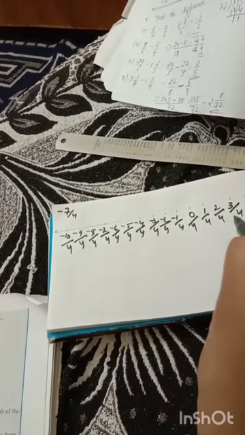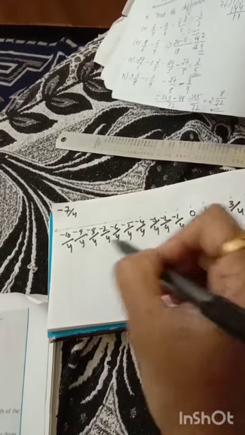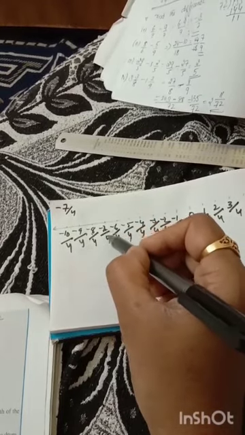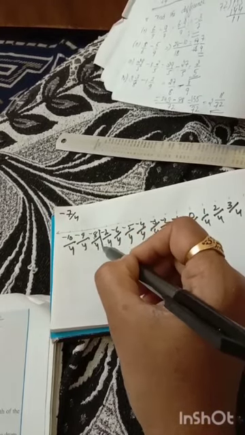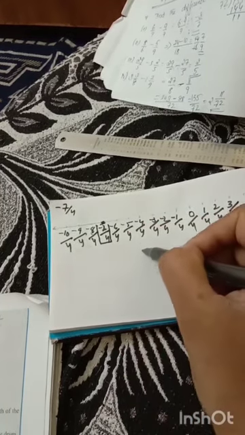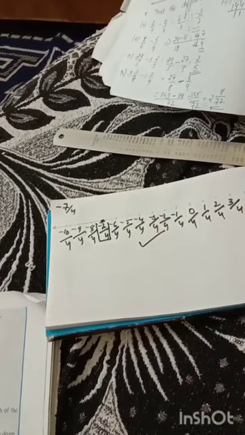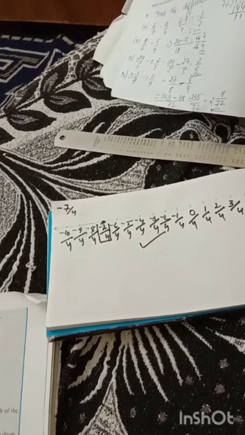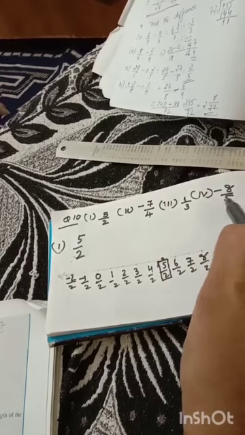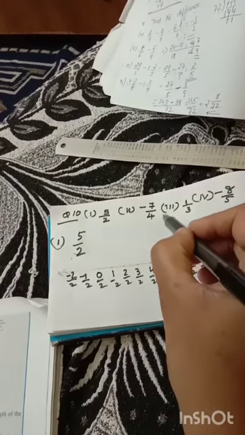Every number you have to give 4 as denominator. Clear? One of the numbers is your number, that is minus 7 by 4. See here your number. Clear? Like that you have to represent the number on the number line. Now you can do it yourself. This one is your homework.